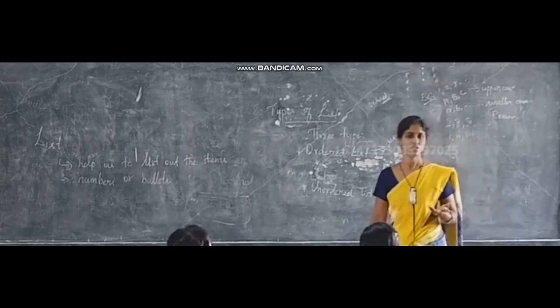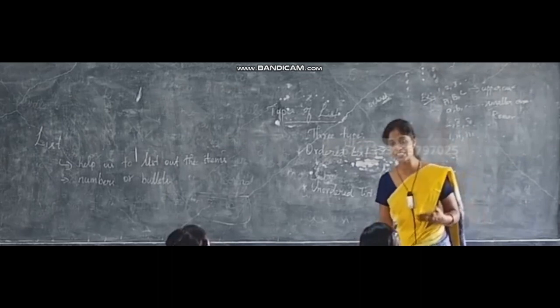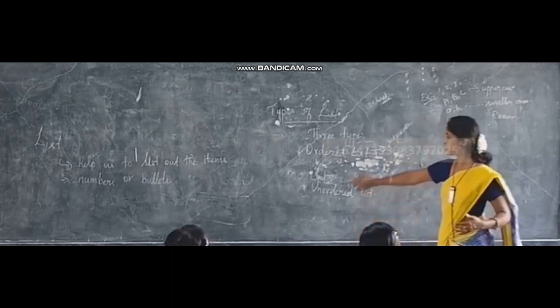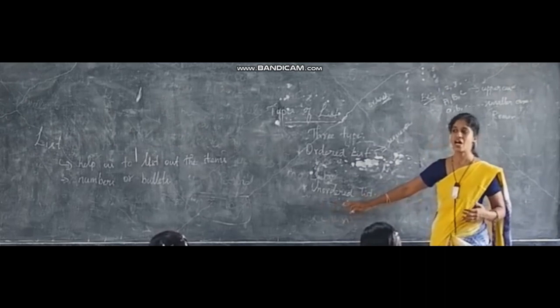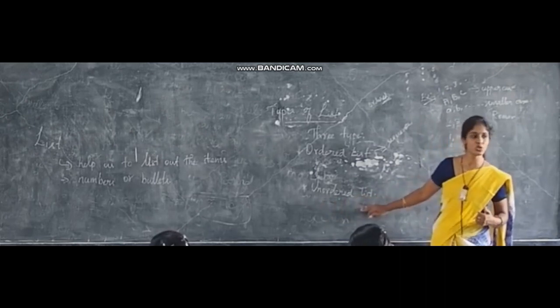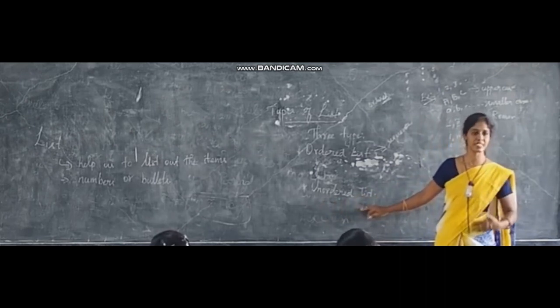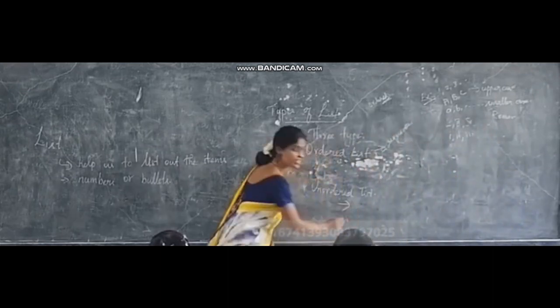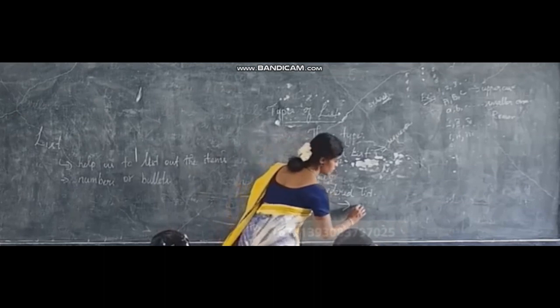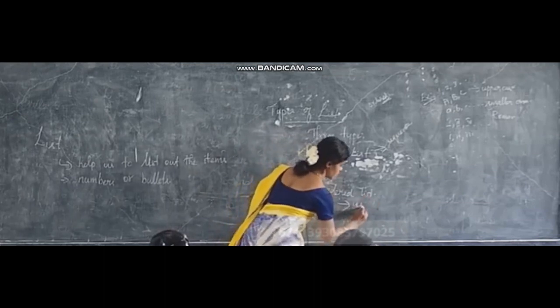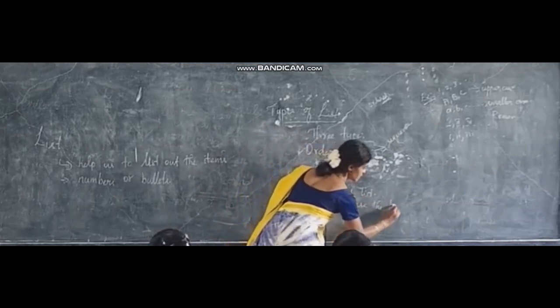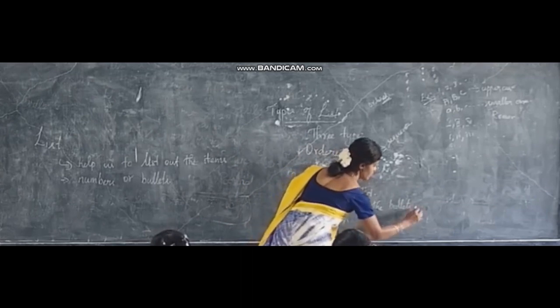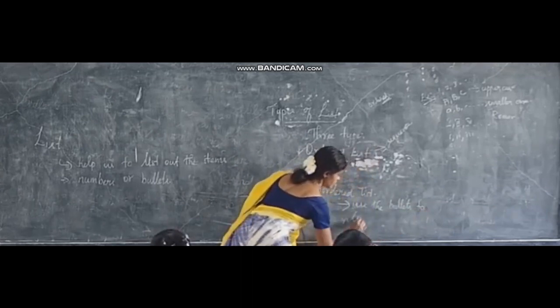So here we cannot expect the sequence. So this is unordered list. Unordered list may use the bullets for listing the items.